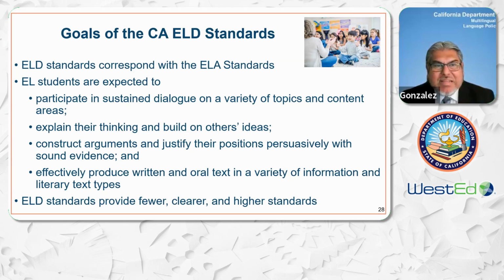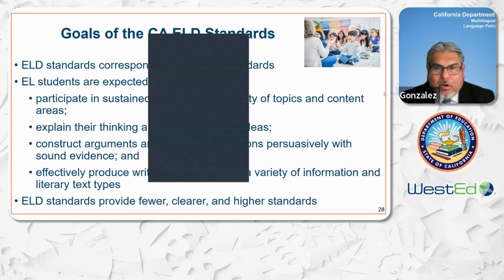EL students must successfully engage in these challenging academic activities while simultaneously developing proficiency in advanced English. The California ELD standards are intended to support this dual endeavor by providing fewer, clearer, and higher standards.